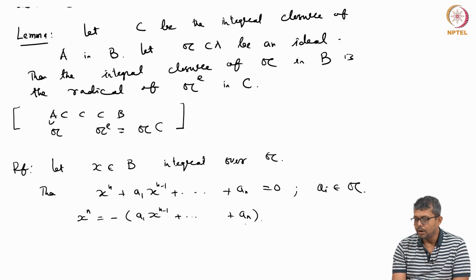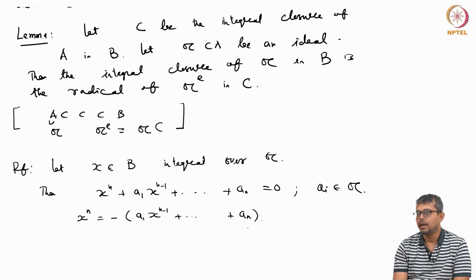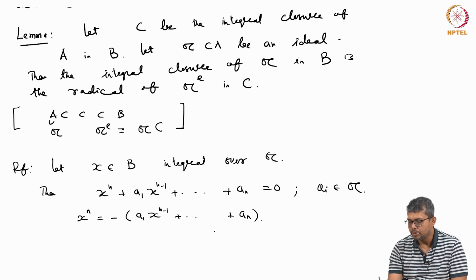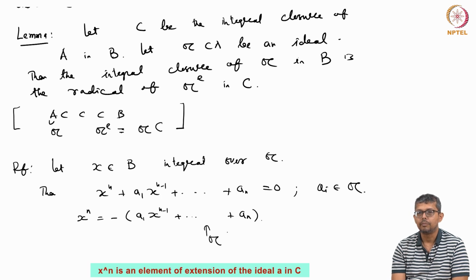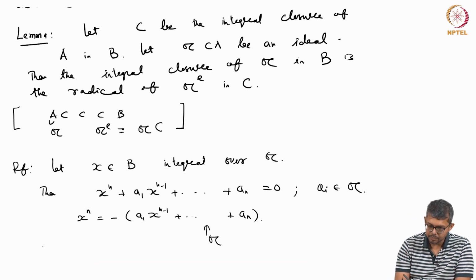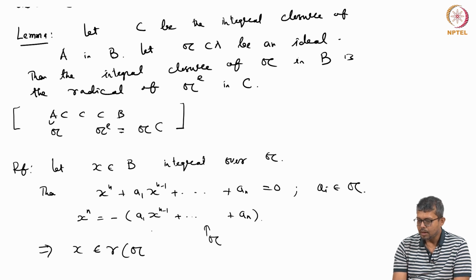But a1, a2, a n are in A. So this element is in A. This implies x belongs to the radical of A extension, because x is an element of C.